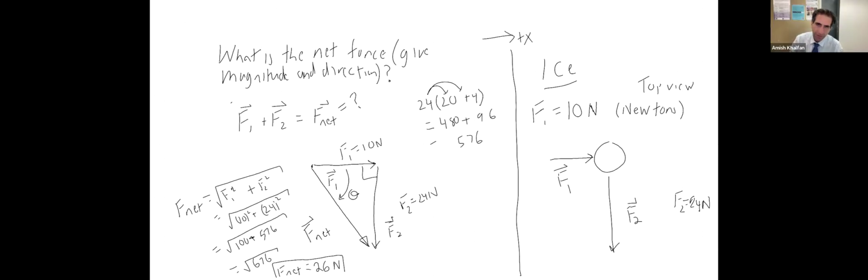Yeah, you can use tangent, right? So you can say the tangent of theta is opposite over adjacent. So in this case, F2 over F1. And so the tangent comes out to being equal to 24 over 10, which is just going to be 2.4, right? And then to find the angle itself, the angle is the inverse tangent of 2.4.